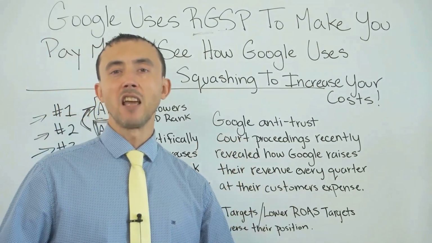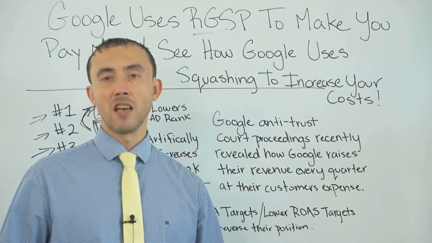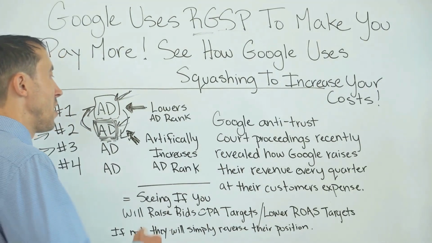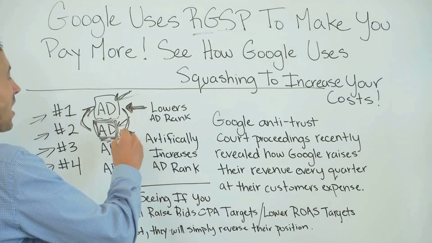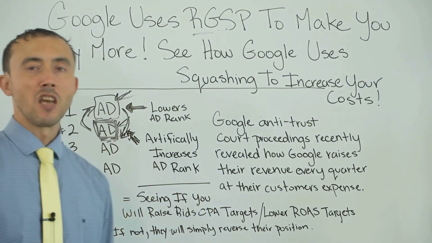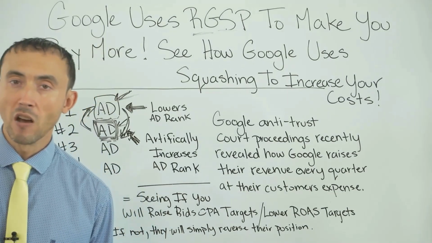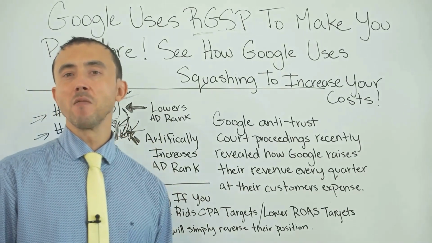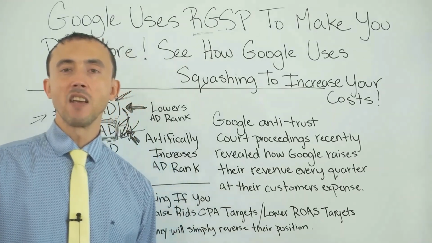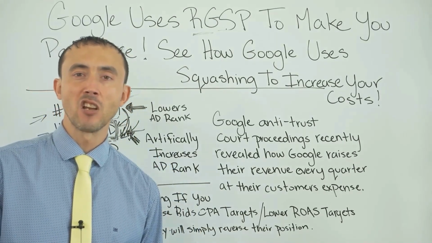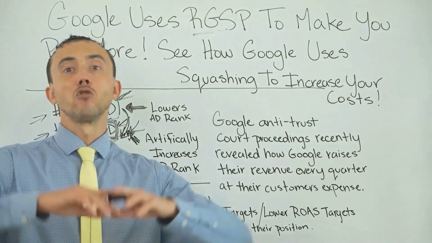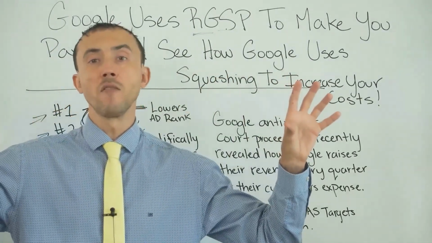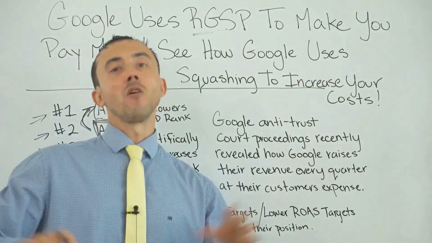What Google says is, we don't actually push the first guy down to the second position to get more from them. We do it because we want to give the second guy a chance. We want to give everybody a chance so that everybody can get a shot at the first position, and nobody that's too dominant, too good of an advertiser, gets all the clicks.